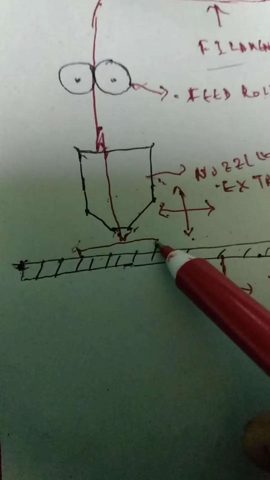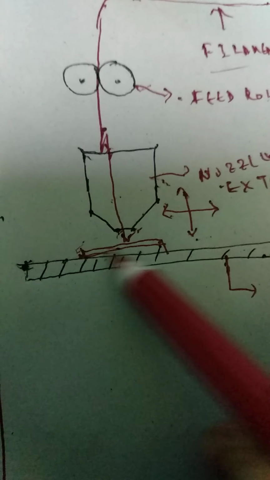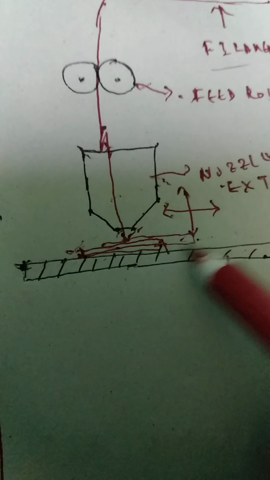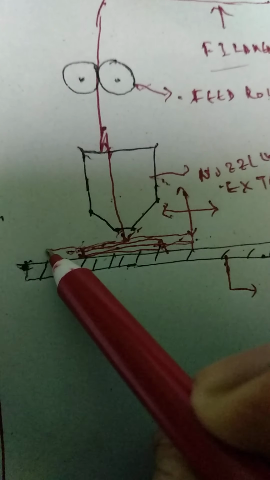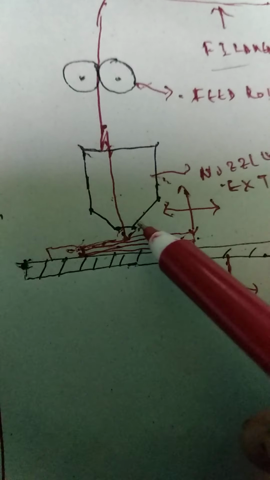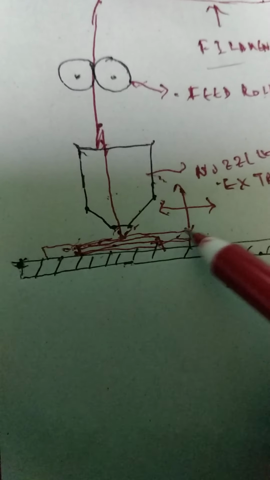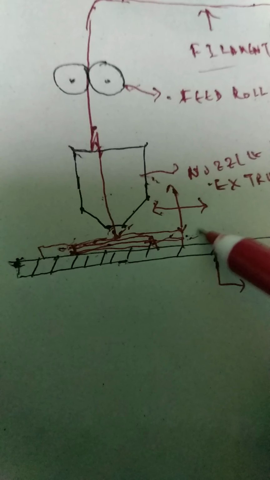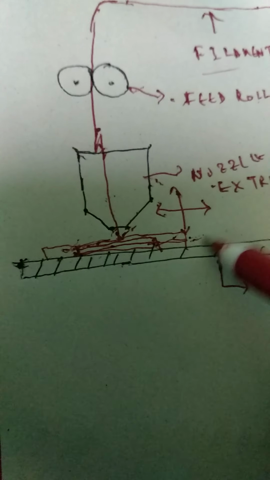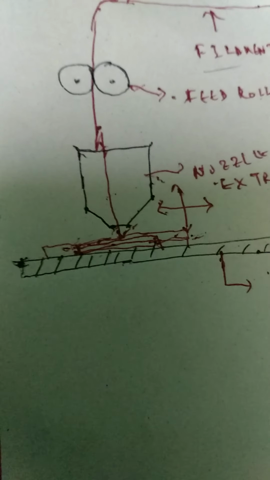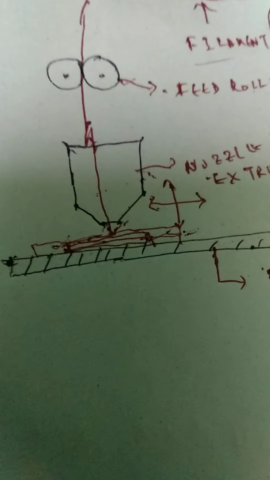Then it can also move in this direction, because this nozzle will deposit the material. It will move up and down, left or right, and it will deposit the material in a layer-wise manner, and finally we will get the desired model.